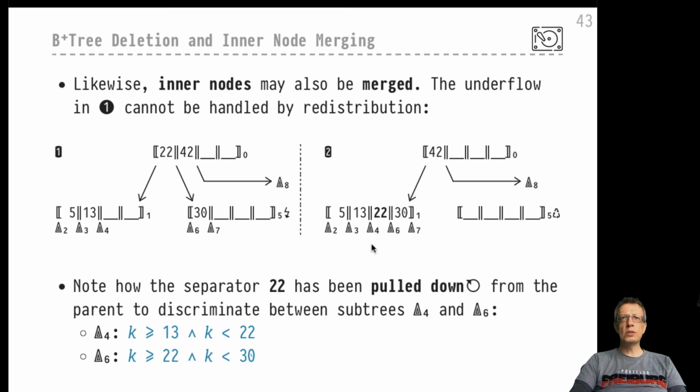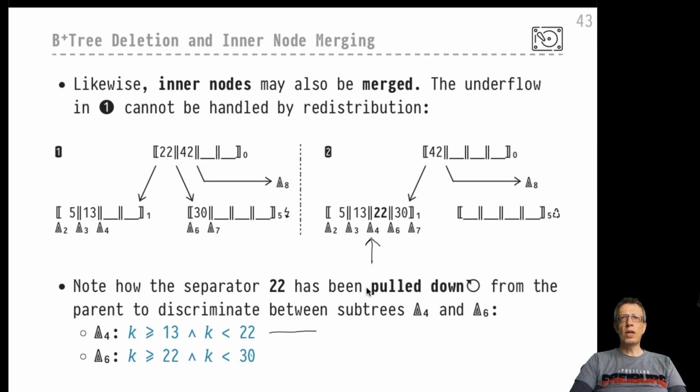How about the right hand side here? Less than 42, okay, but that's fine. But well, here we are talking about this tree. So the entries here are less than 22, but they are larger or equal to 13, which is exactly the situation that we found before, and it's indicated here.